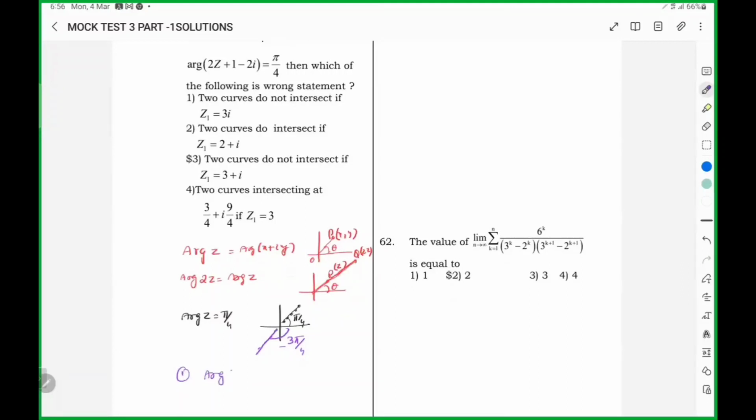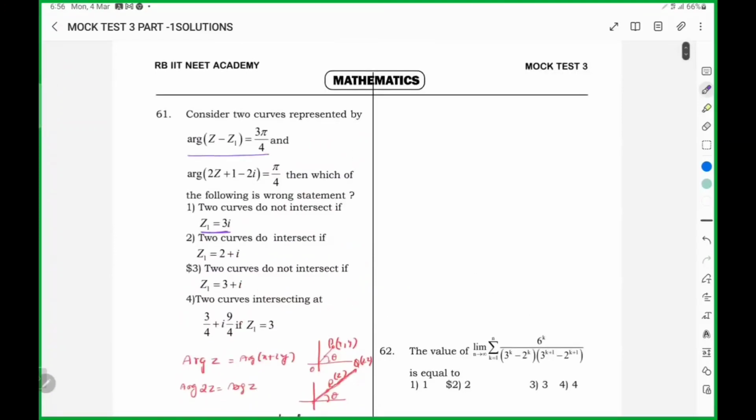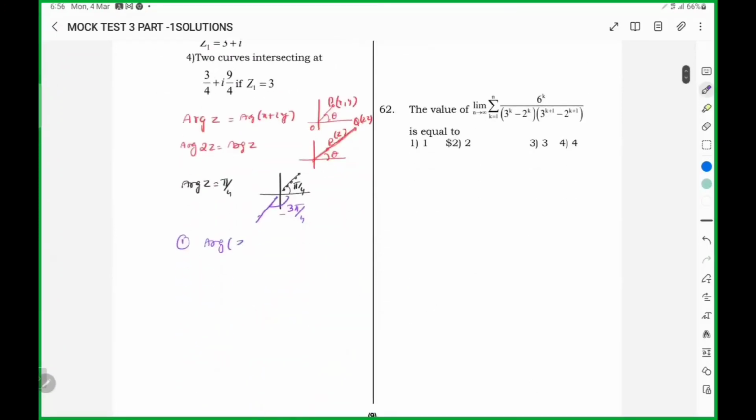First one, if you take z1 as 3i, the argument of this here you told 3 pi by 4. How does it look geometrically?